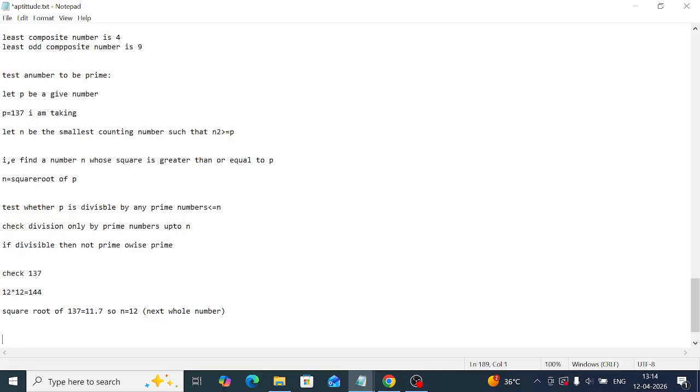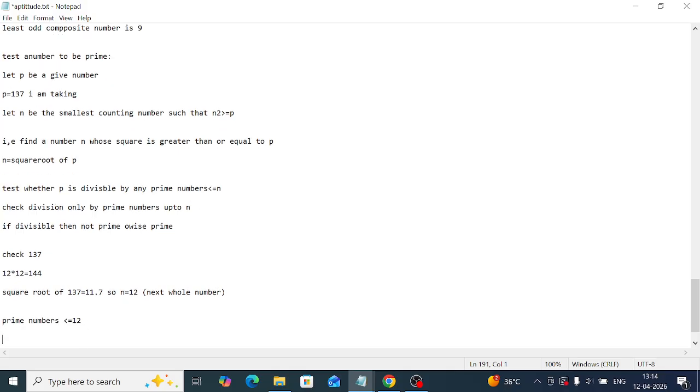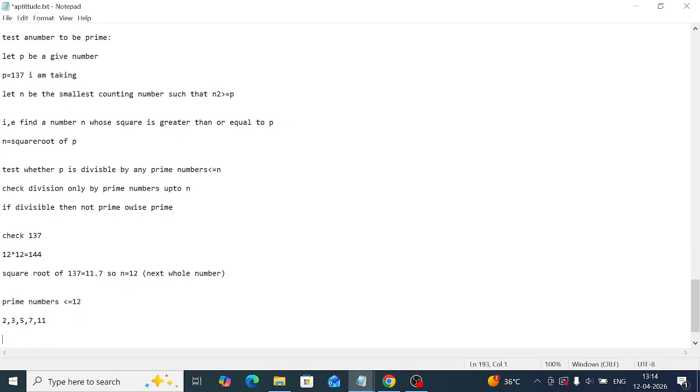Next, the prime numbers less than or equal to 12. What are the prime numbers before 12? 2, 3, 5, 7, 11. 13 is also a prime number, but we only take those before 12, so 2, 3, 5, 7, 11 only.